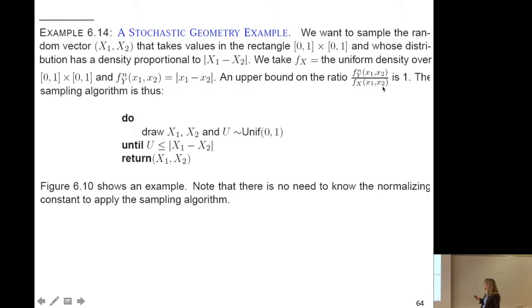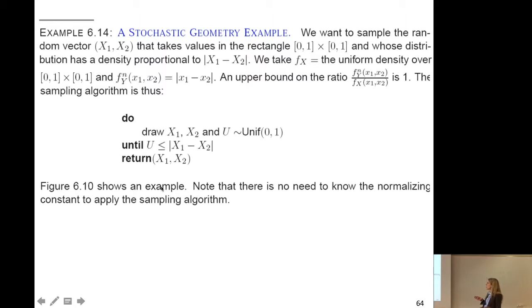We just need a bound of f of y, which is equal to 1 here. So we draw u from the uniform distribution between 0 and 1, and we draw x1 and x2, because x is a vector. Then we check if u is less than or equal to f of y evaluated at the samples x1 and x2. If this is true, then we return x1 and x2 as our samples. Otherwise, we repeat the process.